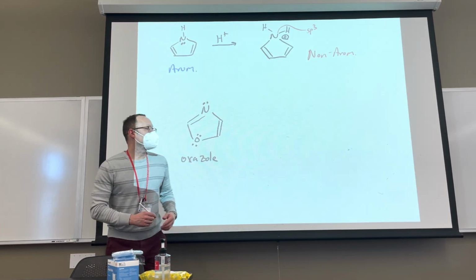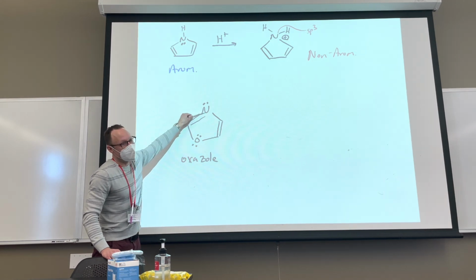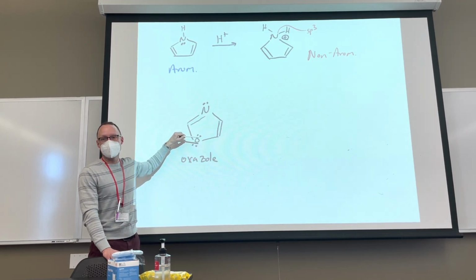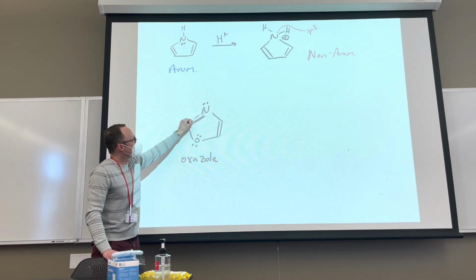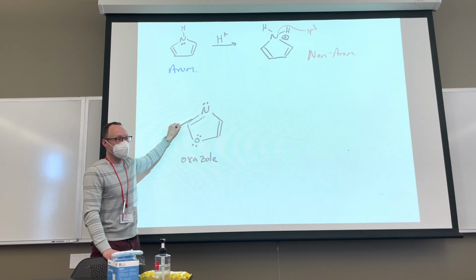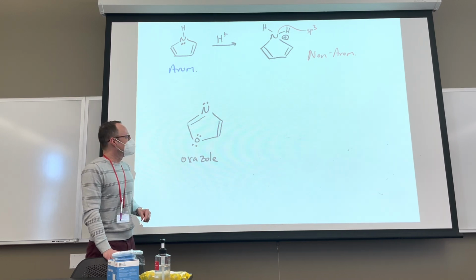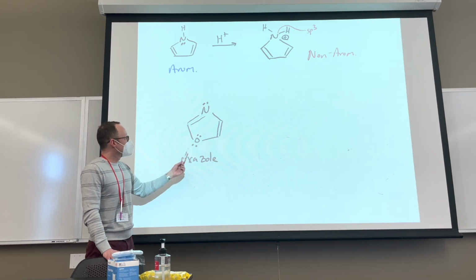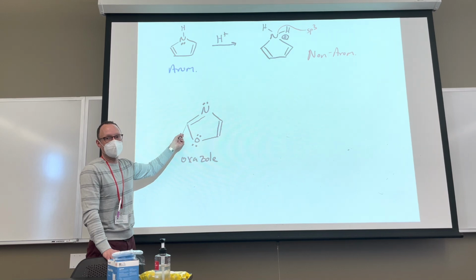So first off, can we all agree that both of the heteroatoms are going to be sp2 hybridized? Does that make sense? The nitrogen has to be sp2 because it's making a single pi bond. Anything that's making one pi bond is going to be sp2 hybridized. The oxygen has to be sp2 hybridized as well because it is a lone pair containing atom adjacent to a pi bond.